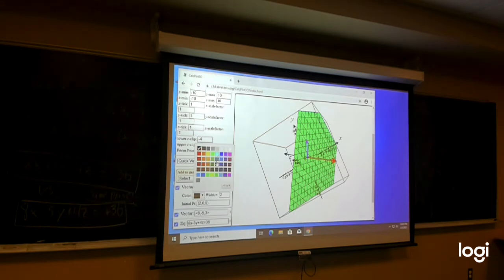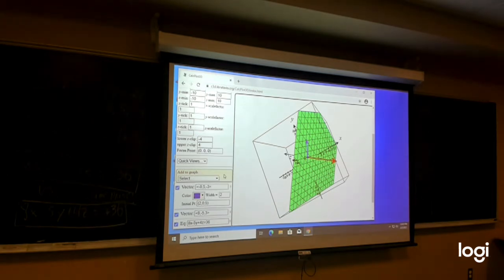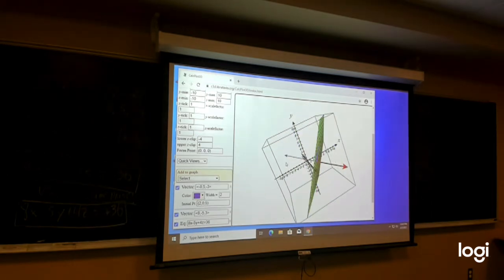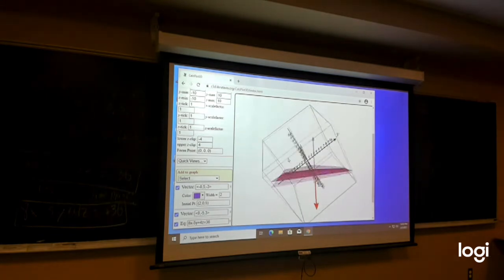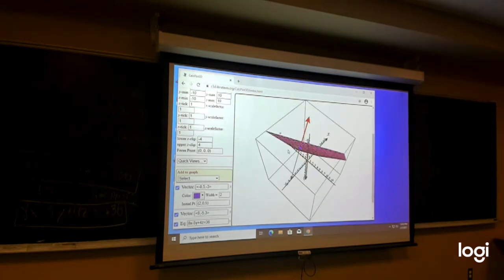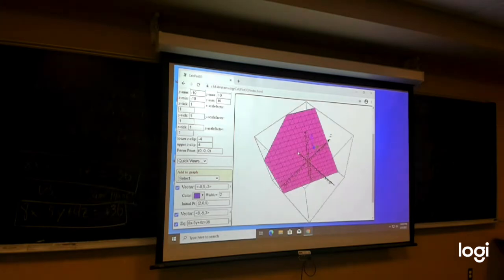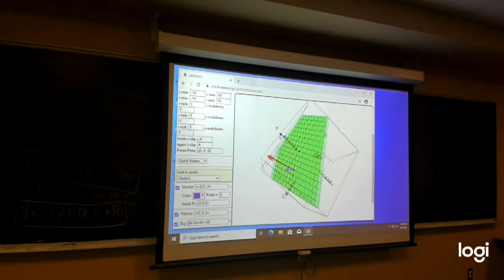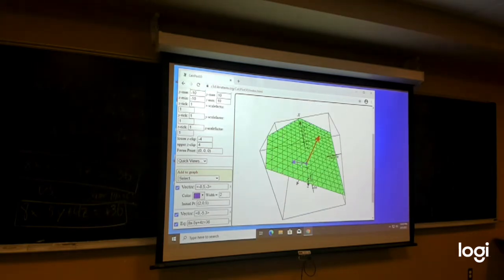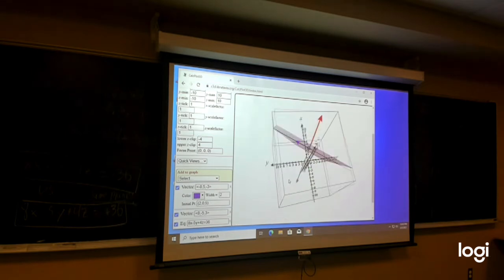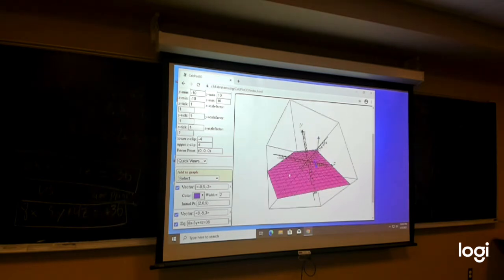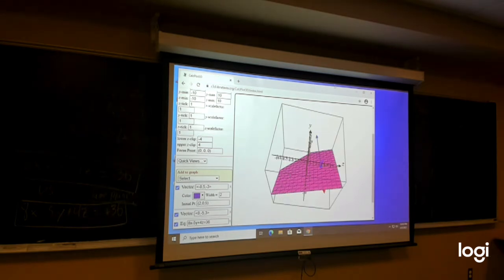I'll make this one purple. And basically what it comes down to is if we had taken the negative of our normal vector, it would have given us the exact same plane. The plane containing these two vectors with this normal vector sticking out, this normal vector being perpendicular to both of them, is going to be the same as the plane where this is our normal vector, where the purple vector is the negative of the red vector.